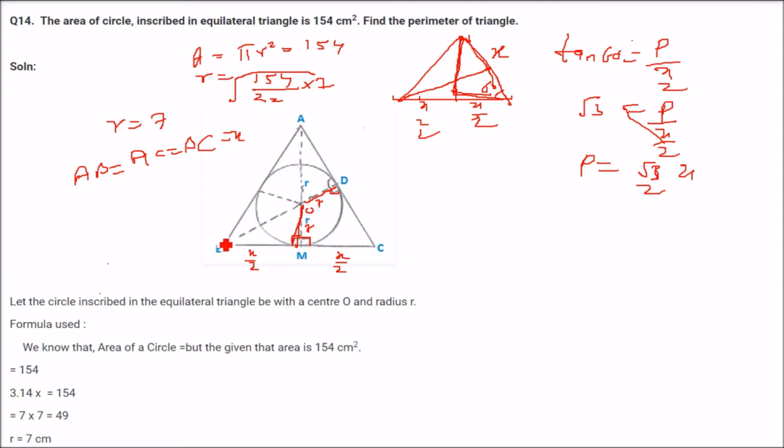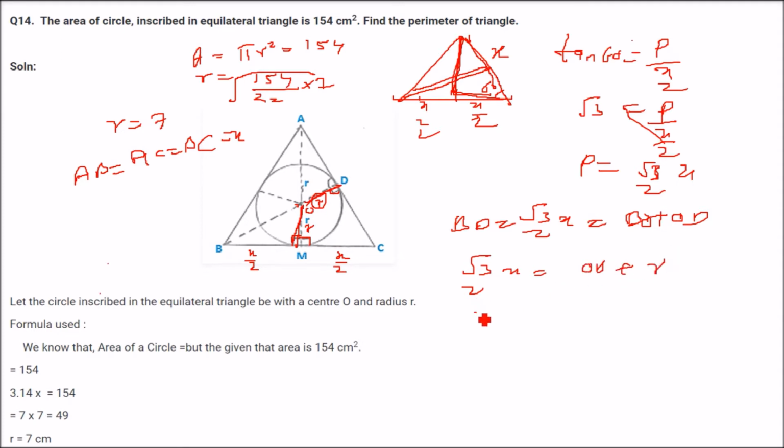So now this whole is BD, and this one and this one are equal, right? So BD is equal to root 3 by 2x, and this is equal to BO plus OD. What is this OD? This is R. So I can write this as OB plus R. So OB becomes root 3 by 2x minus R. I hope you got the idea.